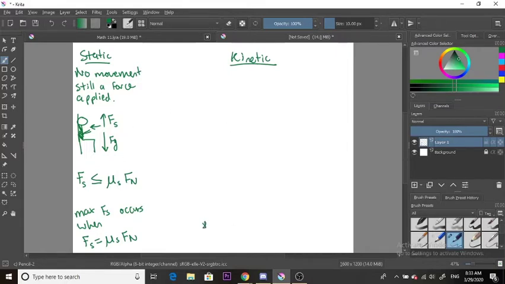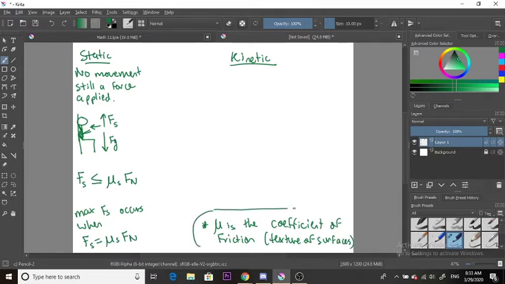So I'm going to have a little side note here. Mu is the coefficient of friction, and this is the number that associates the texture of the surfaces, or the roughness of surfaces. So that's just a little side note for us.